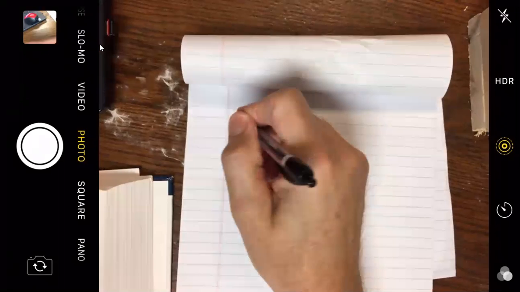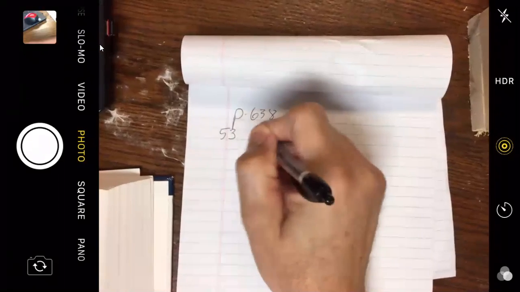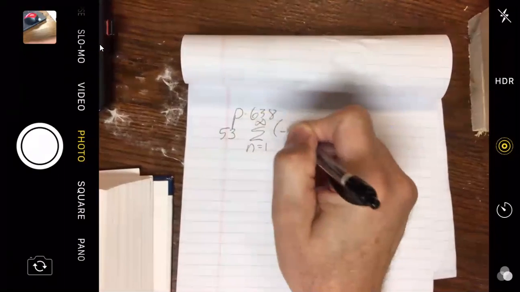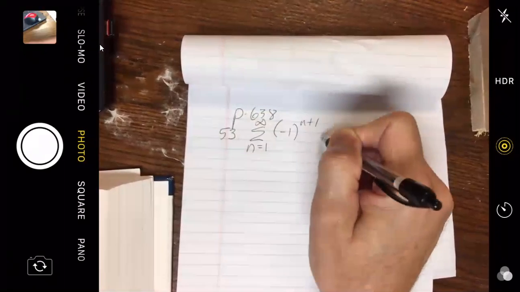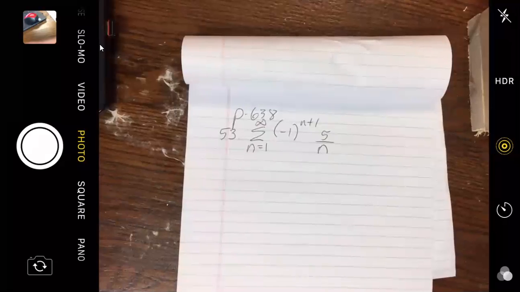53. All right, very first one. The sum from 1 to infinity of (-1)^(n+1) times 5 over n. I'm separating out the term.